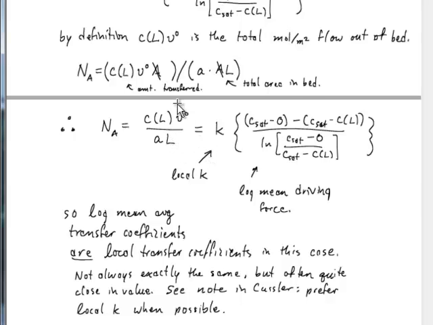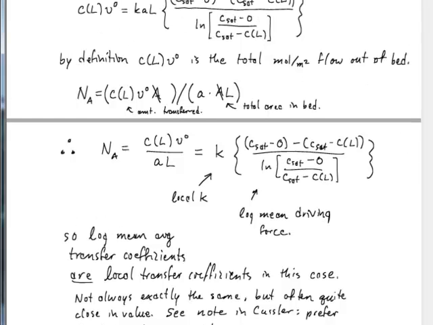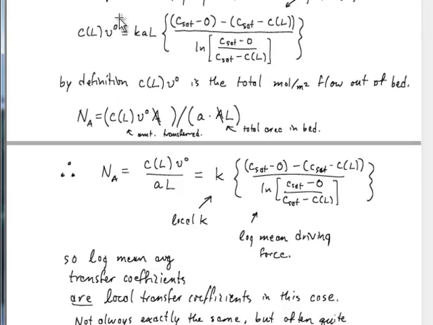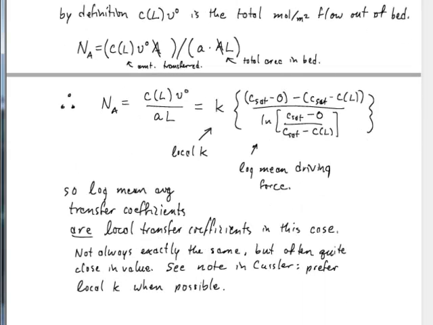Okay, so this, just by using the formula that we derived above, inserting this expression on the right-hand side for the CL, C at L times V, into this expression gives you this. So that's pretty nice, because now here's my local mass transfer coefficient still sitting there, and it's now multiplied by a log mean concentration driving force.